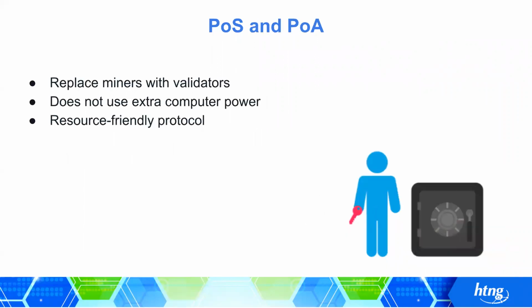And after that, we can see the next generation of consensus, which is called proof of stake, and proof of authority, for instance. What's the main idea? What's the main difference between proof of work and proof of stake?